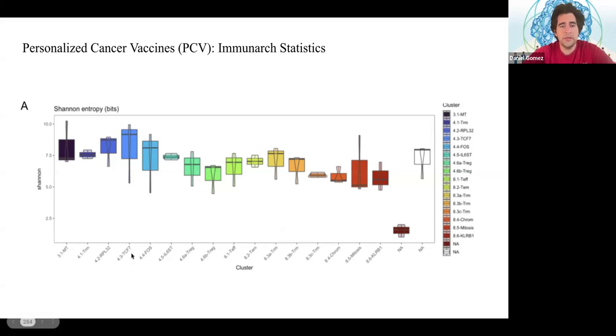It looks like this TCF7 in blue has the highest, and then FOS is right below that in a lighter blue, 4.4 FOS. Tregs are in green, and we have mitosis in red that has high abundance, as well as killer RB and MT over here, and then RPL32.